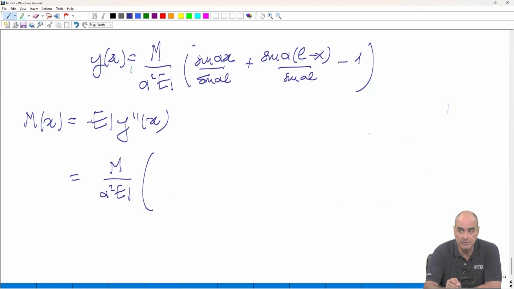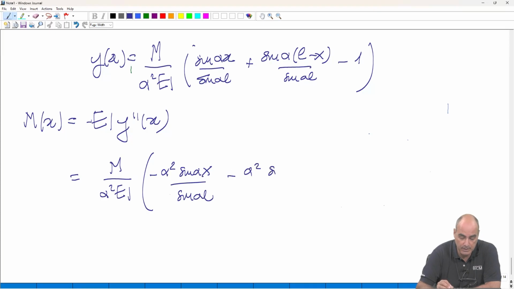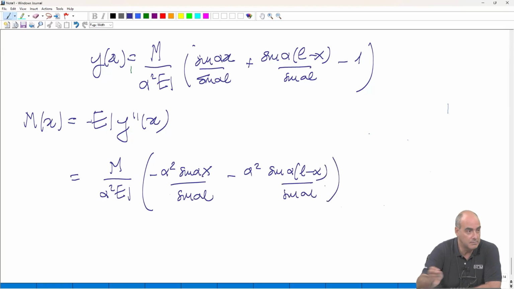The second derivative of the first term is minus alpha squared sine alpha x divided by sine alpha L. The second derivative of the second is minus alpha squared sine alpha (L minus x) divided by sine alpha L. The minus 1 already disappears with the first derivative.